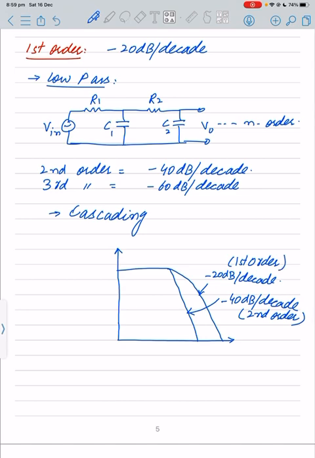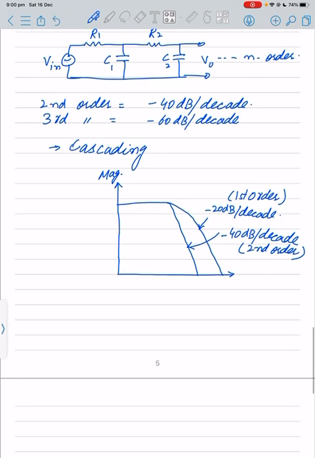But there is another issue with increasing the order, and that is कि हमारी जो magnitude है at the corner frequency, that will be now reduced because we said that कि ये वाला जो point था जिसके बाद हमारी जो magnitude है that actually starts decreasing, that was a minus 3 dB point, and that was a critical frequency.